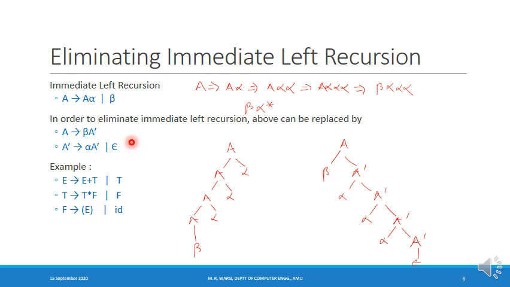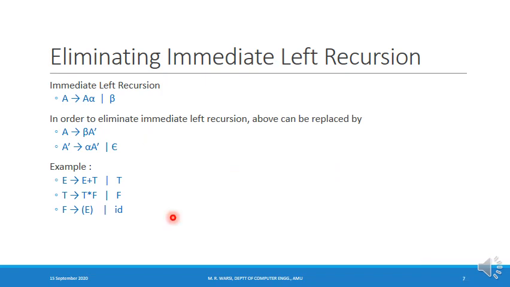Now we'll apply this technique to an example and see how we can eliminate immediate left recursion. Let's now consider this example. This grammar we had discussed in the previous lectures also. This grammar is accepting arithmetic expressions, and this grammar is an unambiguous grammar. If you examine this grammar, you will find that over here I have immediate left recursion, and over here I have immediate left recursion.